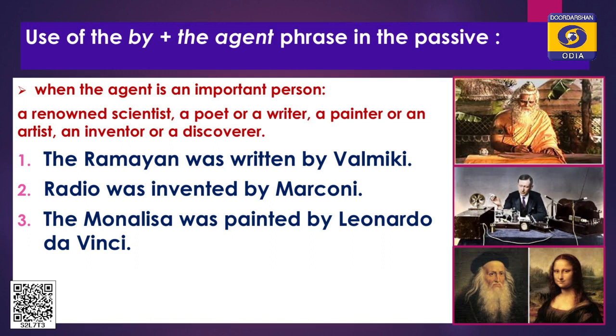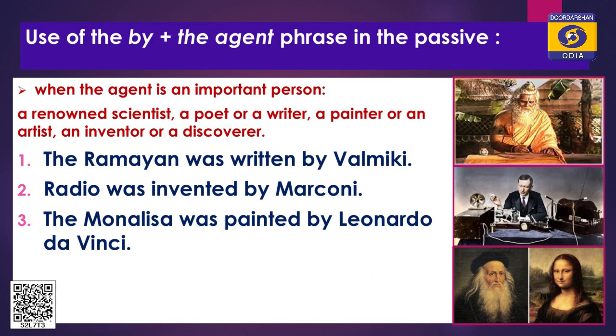Now, you see, suppose the agent is a renowned scientist, a poet, or a writer, or a painter, or an artist, or an inventor, or a discoverer, then we cannot ignore the agent. The Ramayana was written by Valmiki. Valmiki was one of the eminent poets. He wrote Ramayana, that is why we cannot say Ramayana was written.